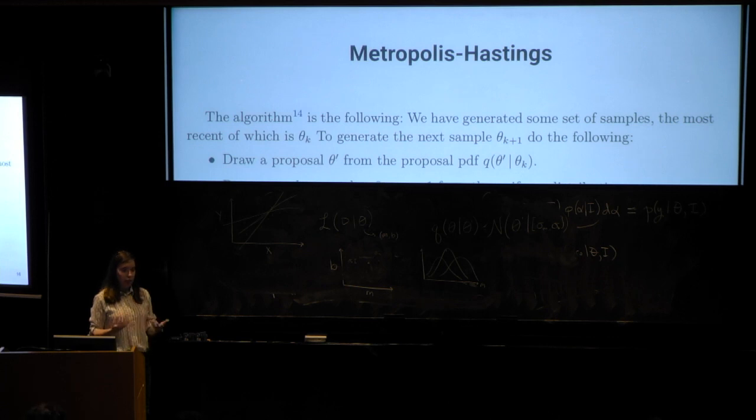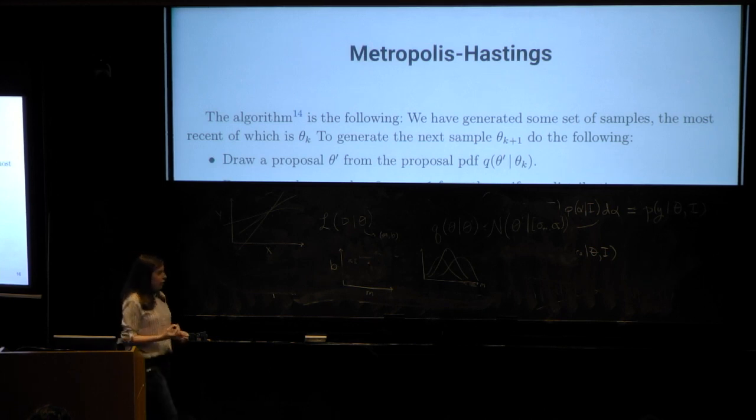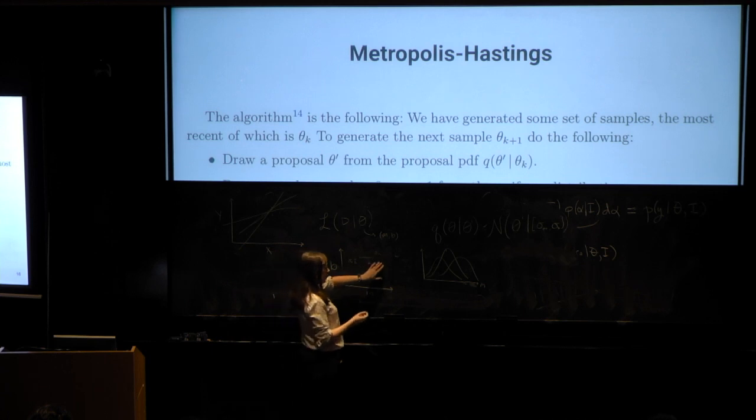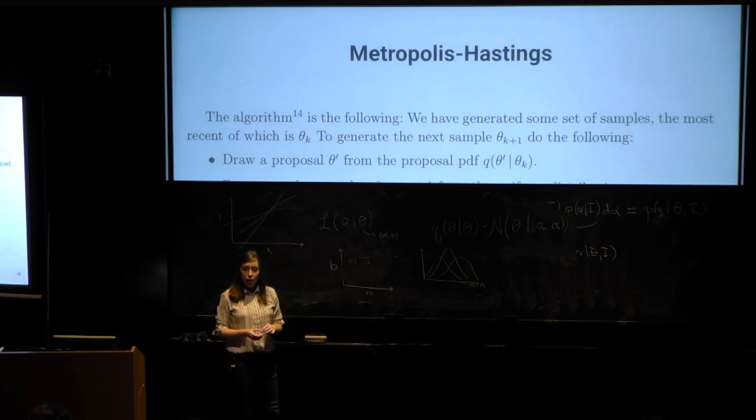It's the likelihood and the prior combined. So we're going to calculate the ratio of how well each of these samples fit the data relative to each other.